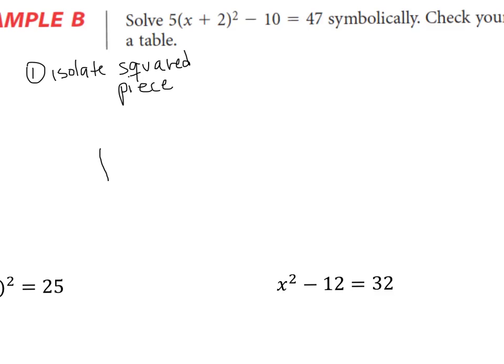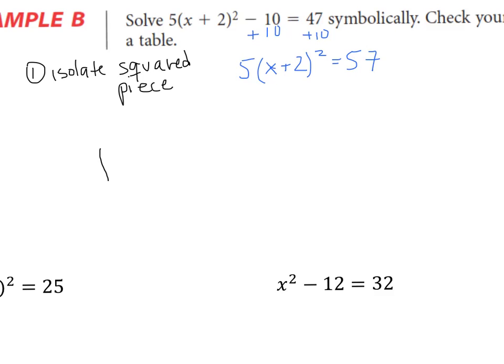Okay, so in order to get the x plus 2 squared in this example alone, the first thing I need to do is add 10. When I do so, I get 5 times x plus 2 squared equals 57. Now I still have not completely isolated the squared piece.